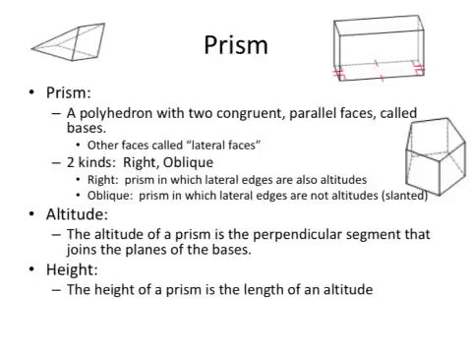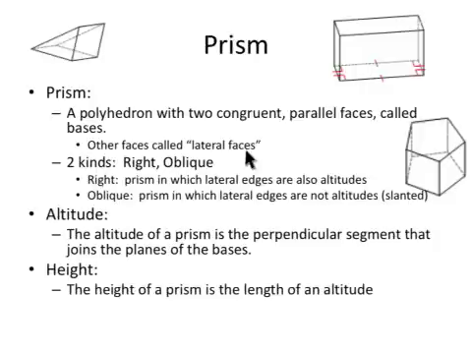First of all, let's talk about the basics of what a prism is, because we haven't defined this yet. So a prism is a polyhedron with two congruent parallel faces, and we're going to call those faces bases. Okay? And then the other sides of that 3D figure are called lateral faces.